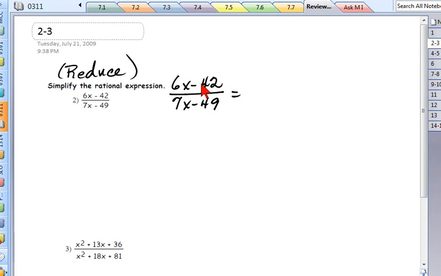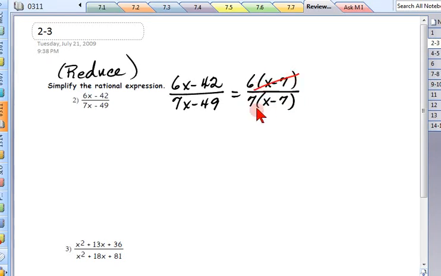Under reducing, it says factor the numerator and denominator, divide out the common factor, if any. Okay, can I factor that numerator? Yes. Do you see a common factor of 6? So that's 6 times x minus 7. The denominator, common factor of 7, and it is 7 times x minus 7. Can you now reduce it?